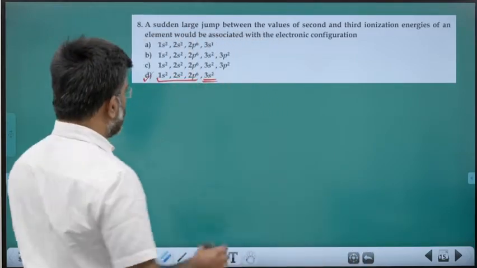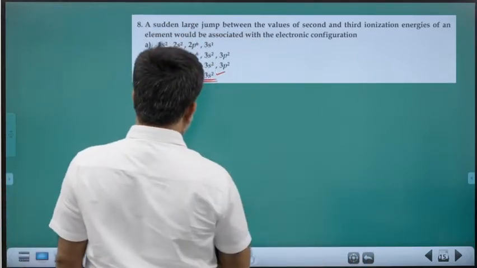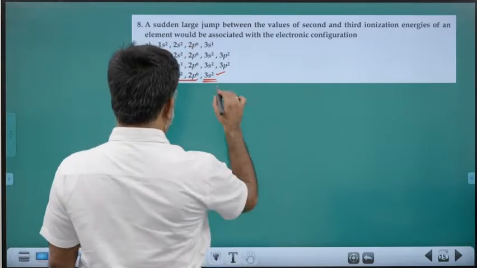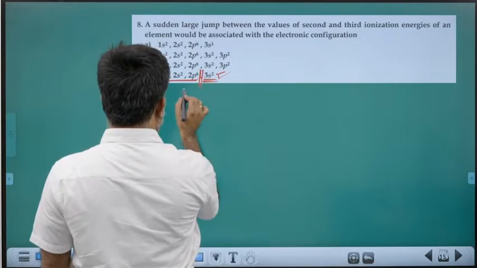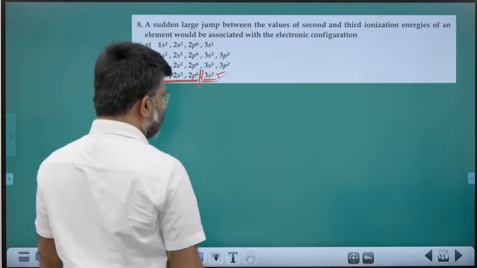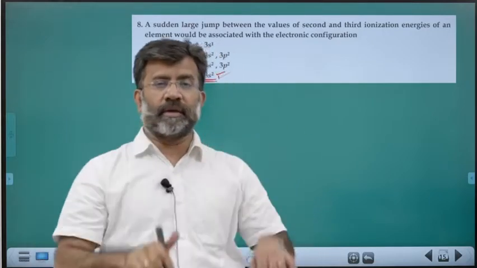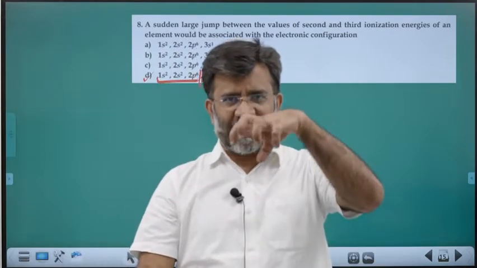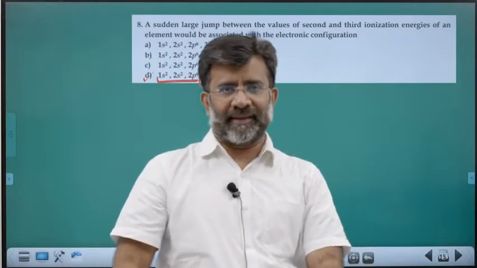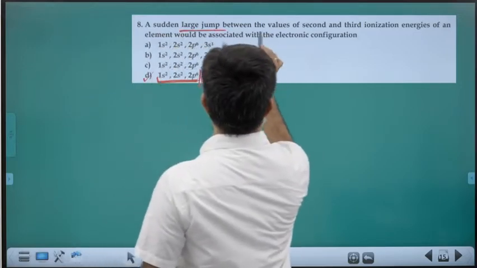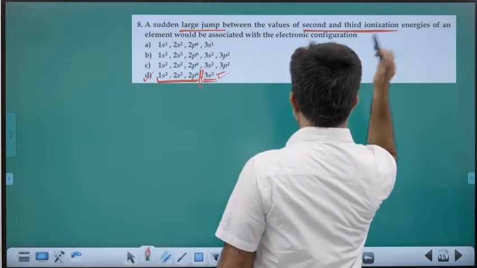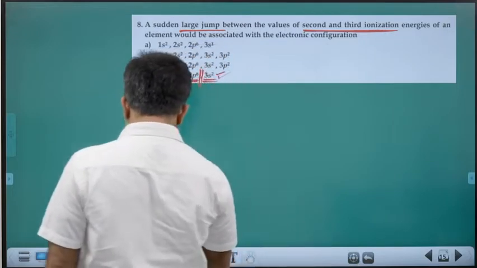You see, you are removing this last electron, low value. You are removing again an electron, low value. Now the third electron will be removed from here, which requires a very high value because the electron is available in the inner core. So that's why there is a large jump between second and third. Okay, next.